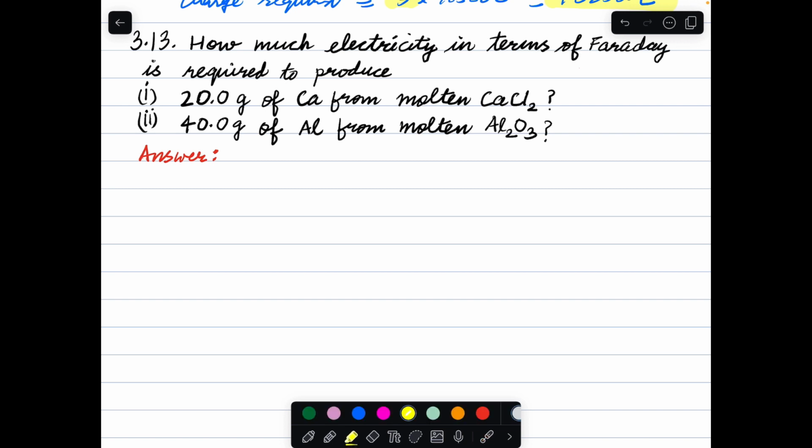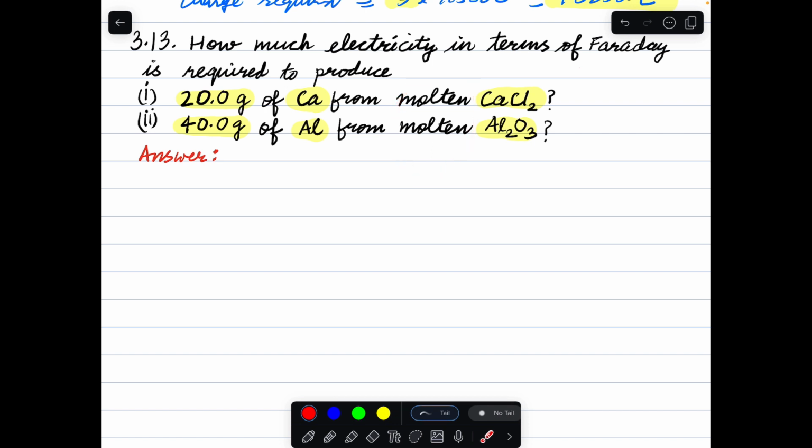The given information is 20 grams of calcium, and in the second part 40 grams of aluminium. Calcium from calcium chloride and aluminium from aluminium oxide, and both are in the molten form.